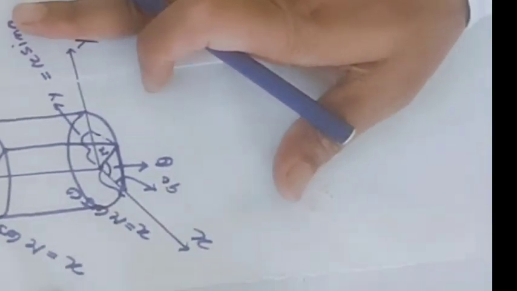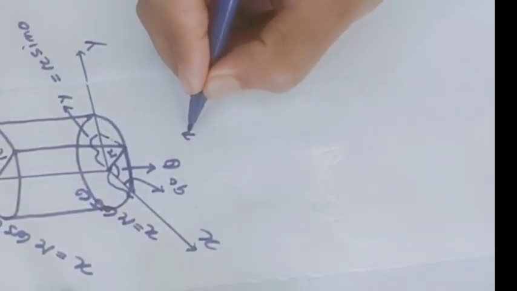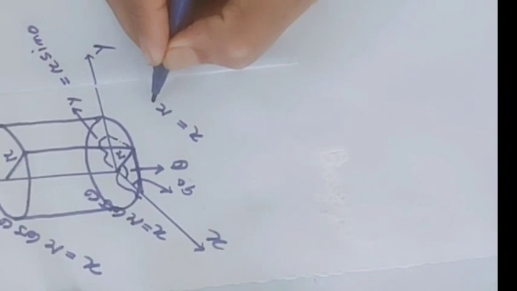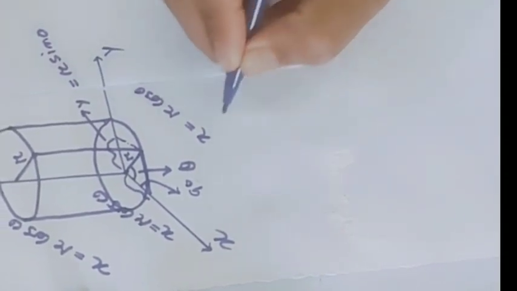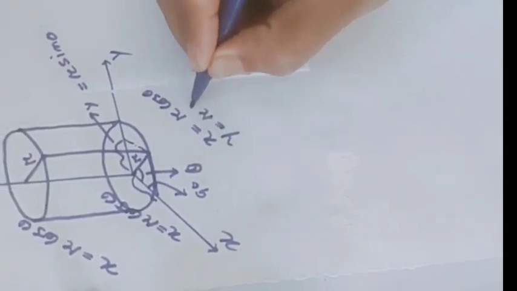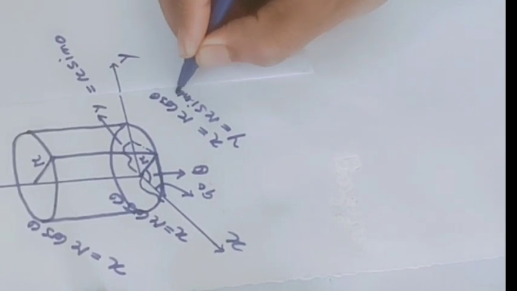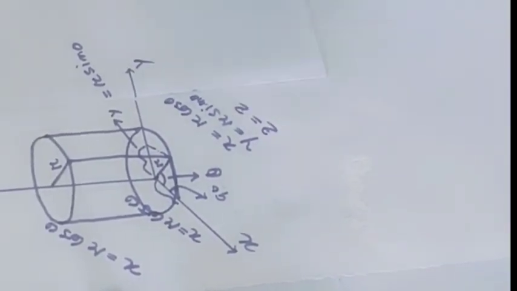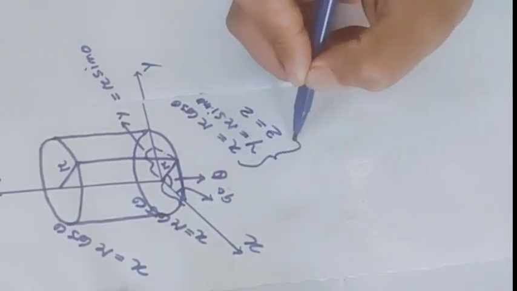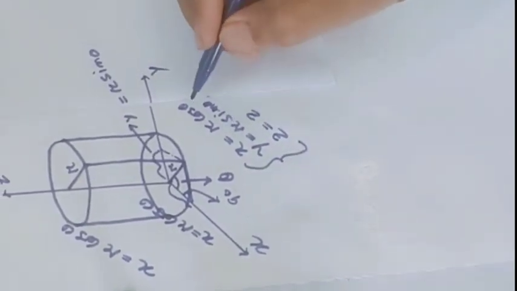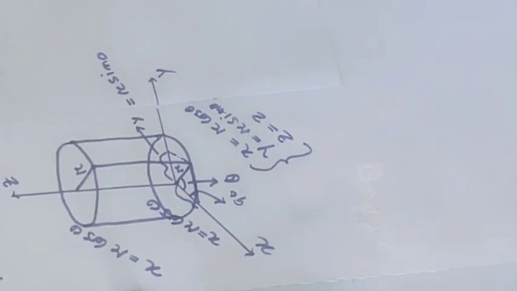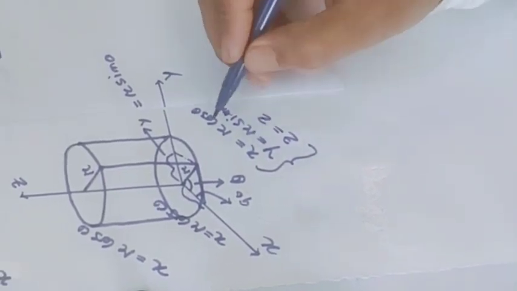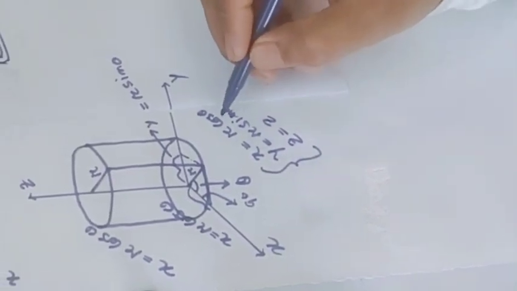You have got the three variables. x is equal to r cos theta, y is equal to r sin theta, and for z there is no change, it is symmetric, so z is equal to z. So these are the three variables connected to r, theta, z. This is the relation between the Cartesian coordinate and cylindrical polar coordinate.